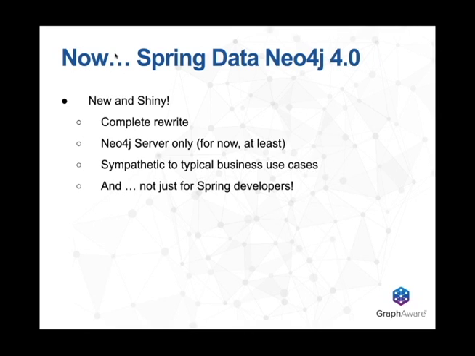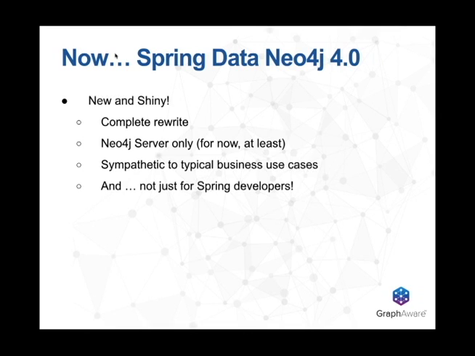So now we have Spring Data Neo4j 4, new and shiny, and it is a complete rewrite. We decided that since the focus was shifting towards the server side rather than embedded, we would focus only on the server. We also wanted to be sympathetic to the typical business use cases you'd find in web applications.